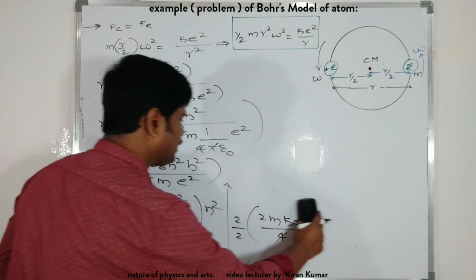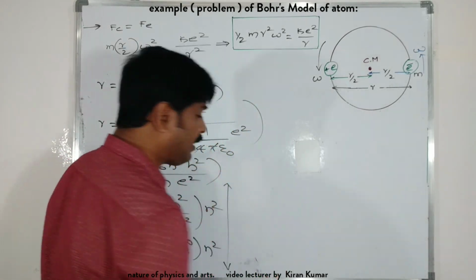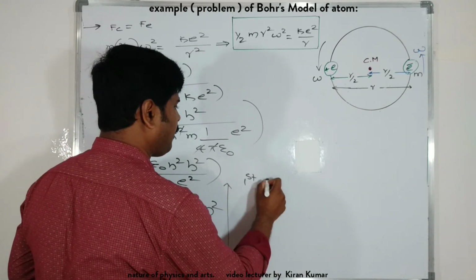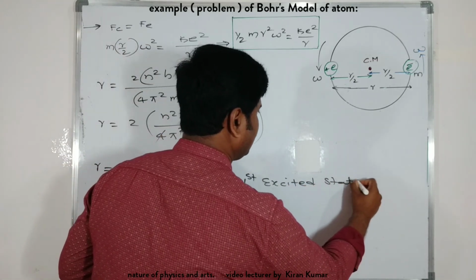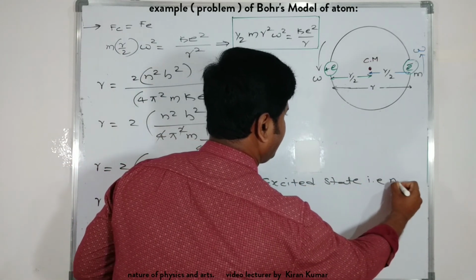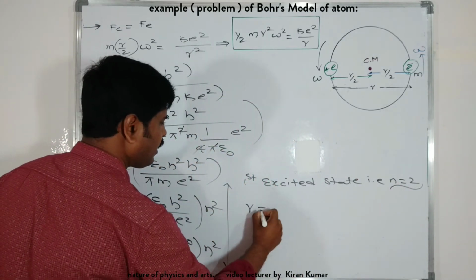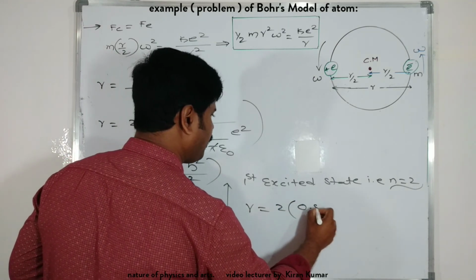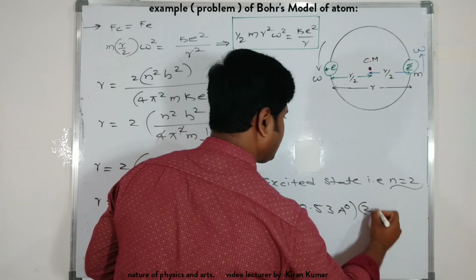Just a second. Here in the first question, what is given? First excited state, that is n is equal to 2. So we can write here R is equal to 0.53 angstrom into 2 square.